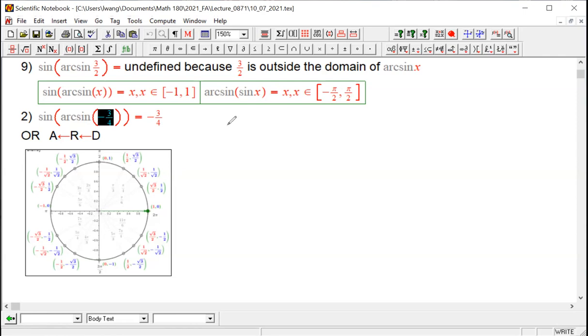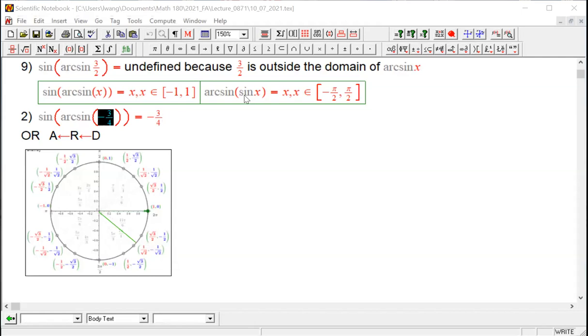This ratio is negative, so the corresponding angle is going to be measured clockwise, because the negative ratio is a blue number ratio, and negative 3/4 is a point that terminates right here.